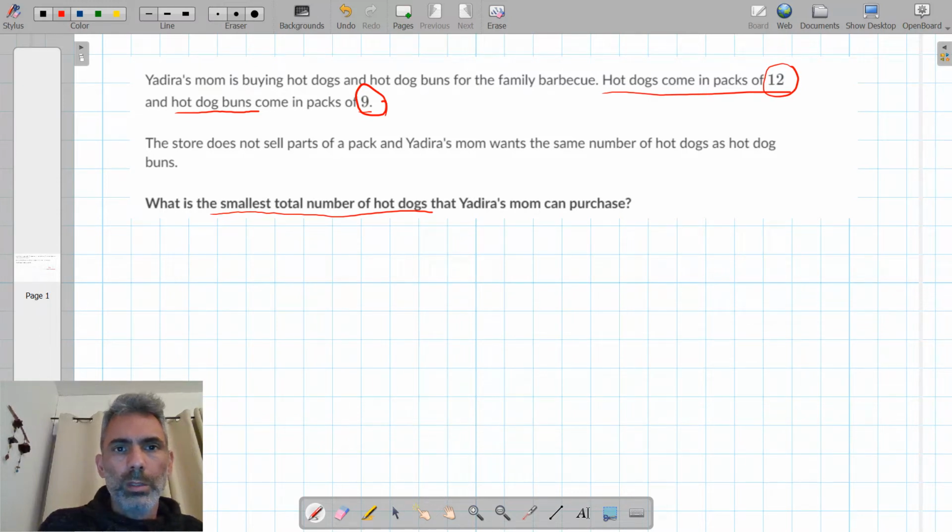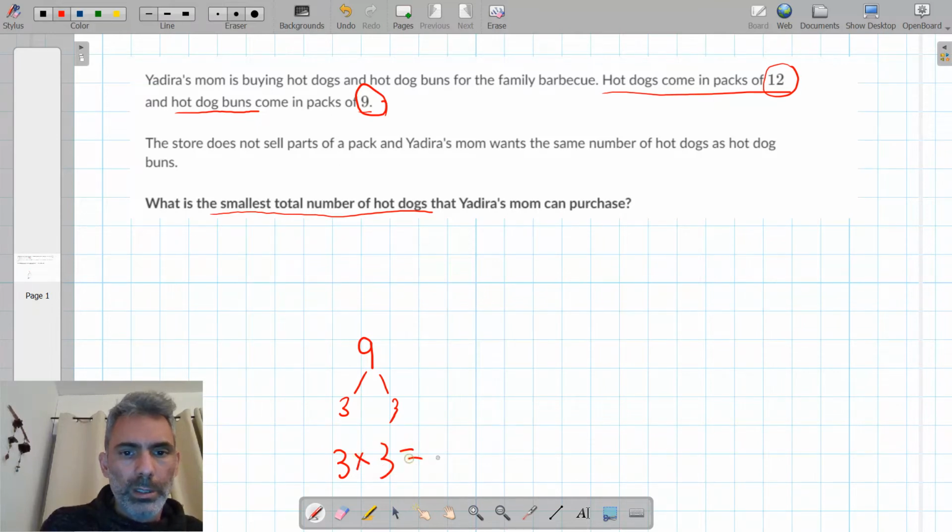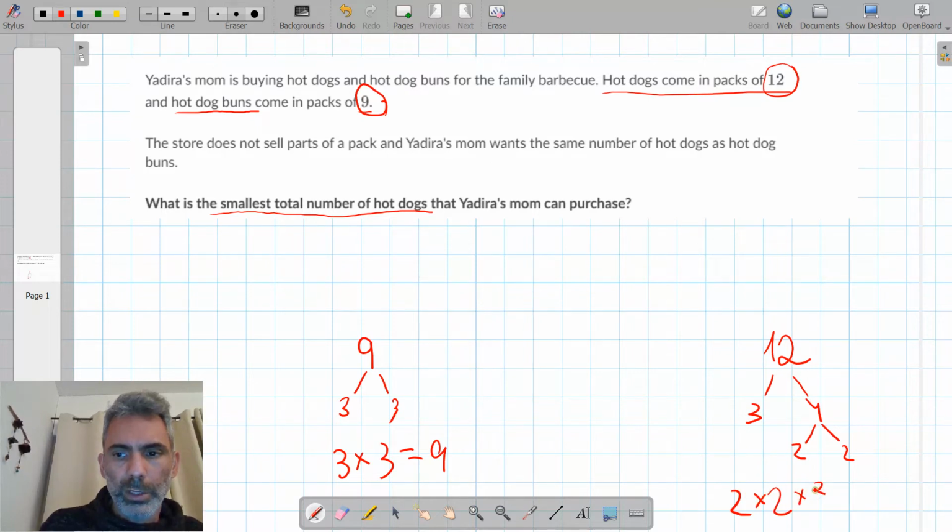Okay, so the least common multiple, let's see, 9 is 3 times 3, and 12 is 3 times 4, and 4 can be broken into 2 and 2, so this is 2 times 2 times 3.